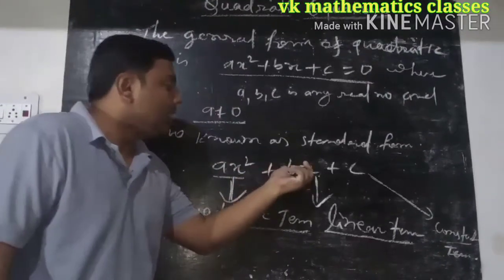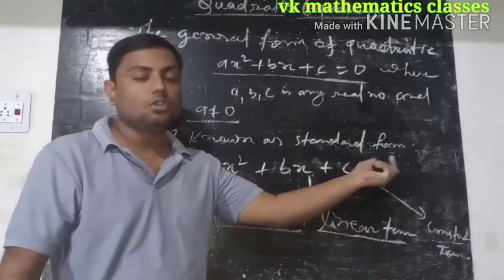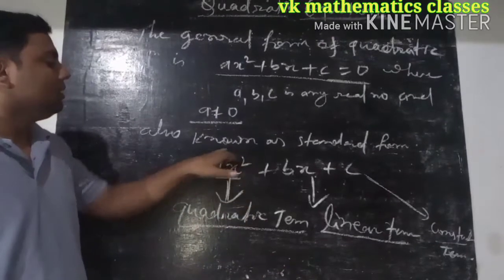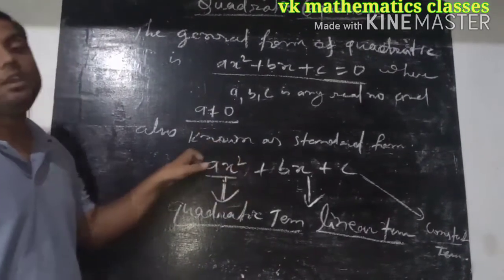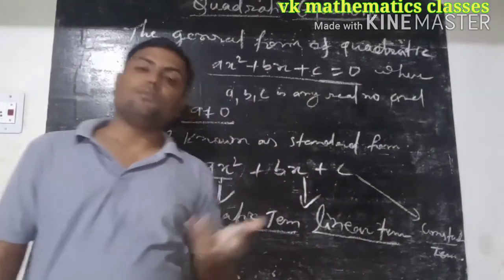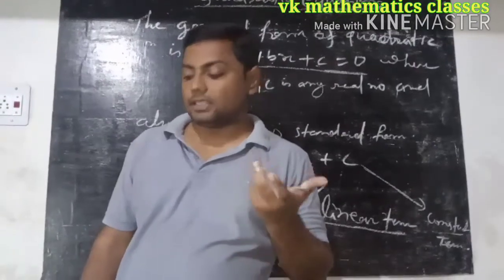If bx equals 0, then ax square plus c equal to 0 is also a quadratic equation. But the ax square term can never be 0. So the standard form of quadratic equation is ax square plus bx plus c.